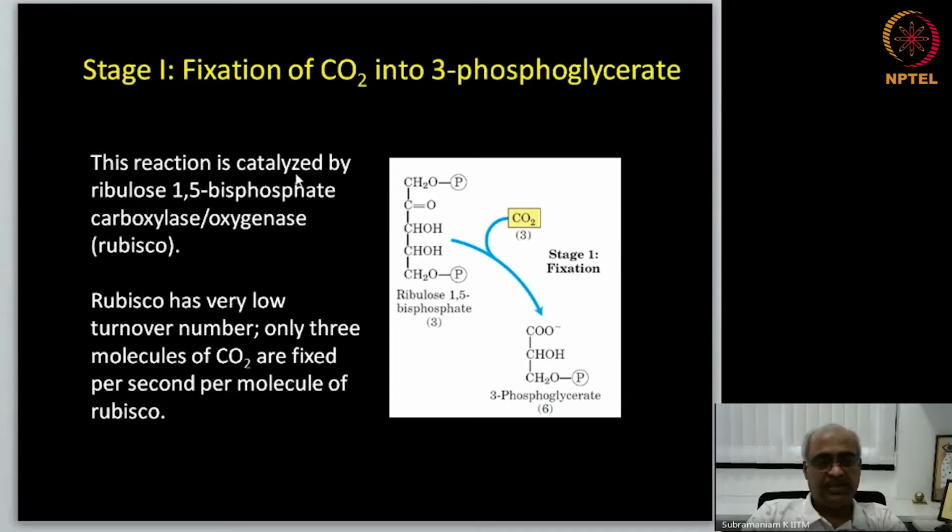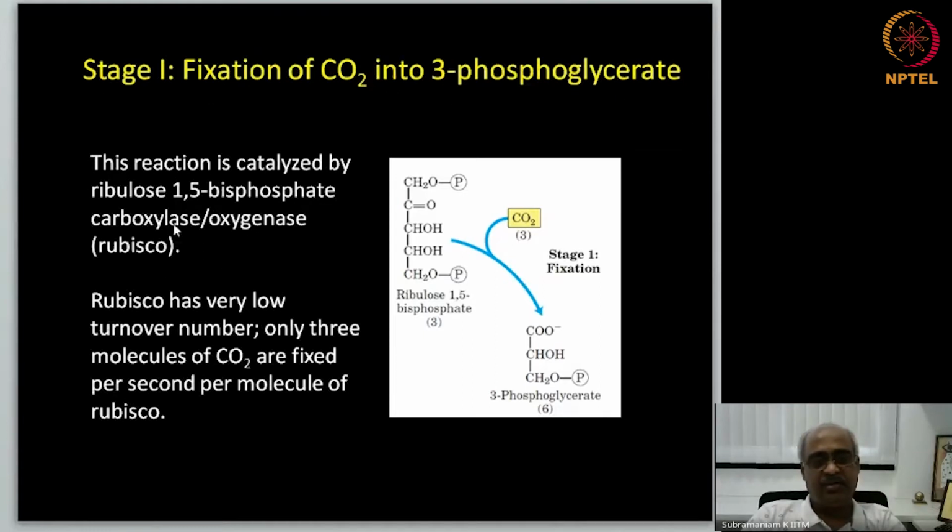This is catalyzed by an enzyme called Ribulose 1,5-bisphosphate carboxylase oxygenase, because it does both reactions, and we simply call it Rubisco. Most people call this enzyme Rubisco, so if you refer to it as Rubisco, I'll be happy enough. It's a long name, but it's very easy.